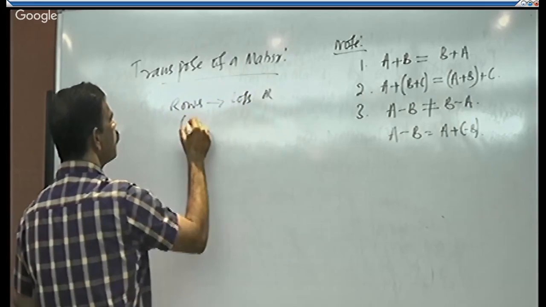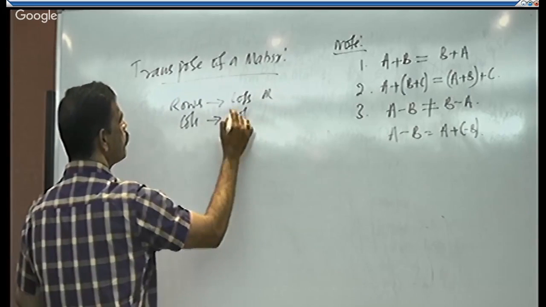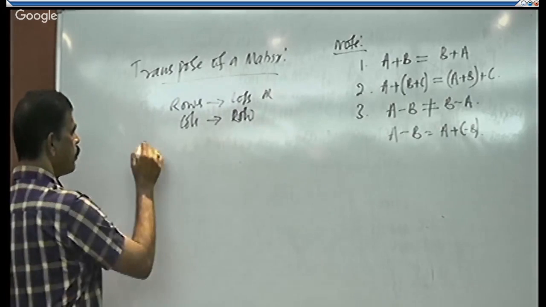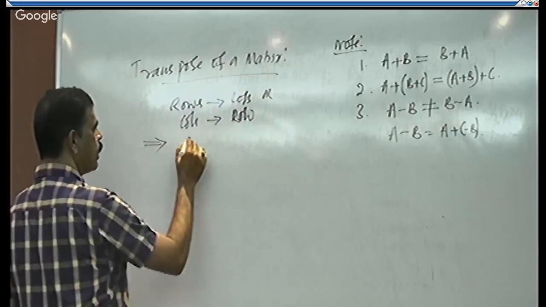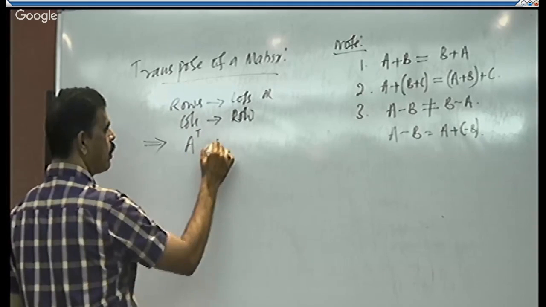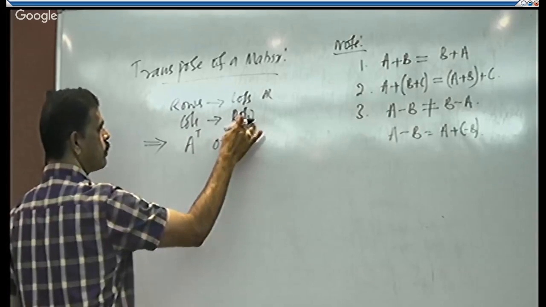That is called the transpose of a matrix. If I make a transpose of matrix A, it is always denoted as A T or A dash.